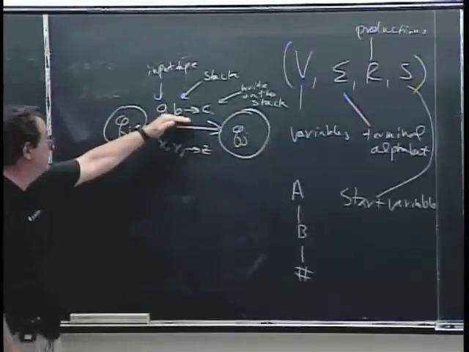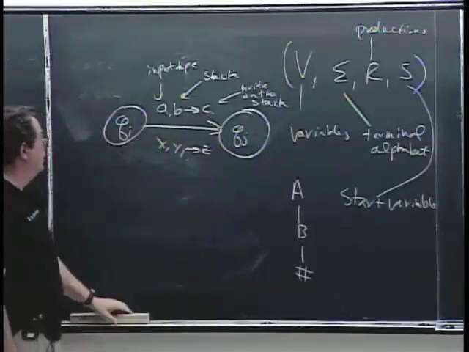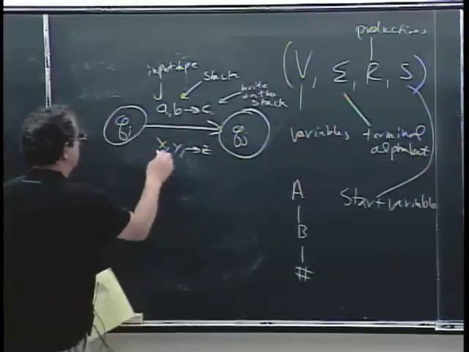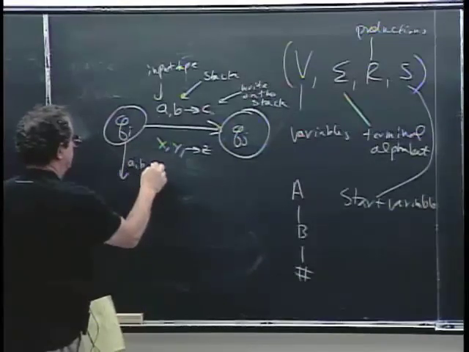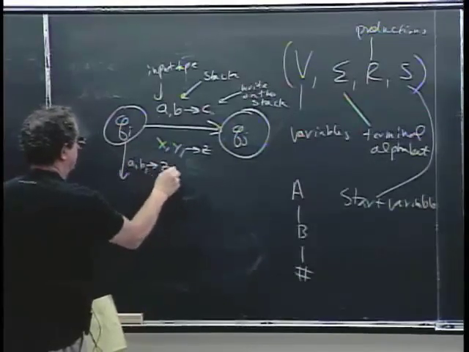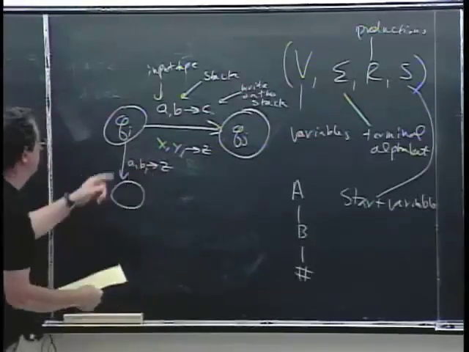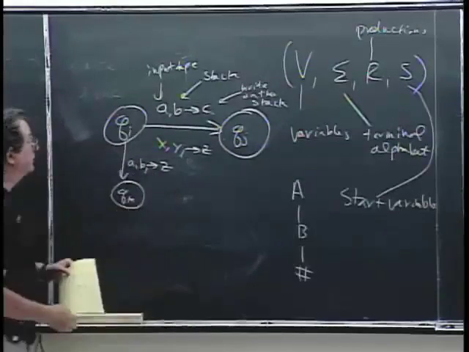Okay, so you can have, because that's a power set over there, you can have many. No, that's not the reason, I'm sorry. You can have many. You can have here A, B goes to Z. This is what's illustrating the power set idea and the non-determinism.